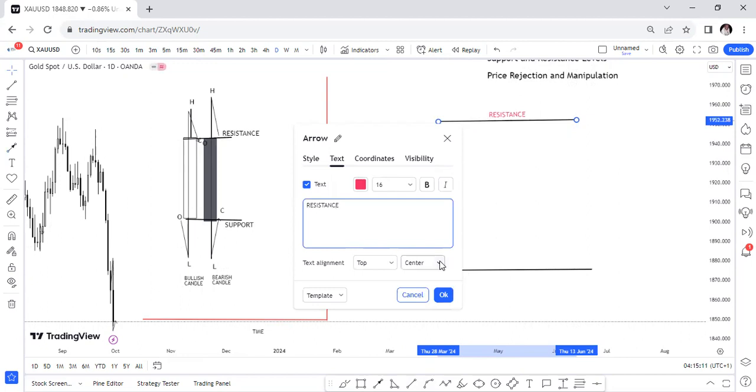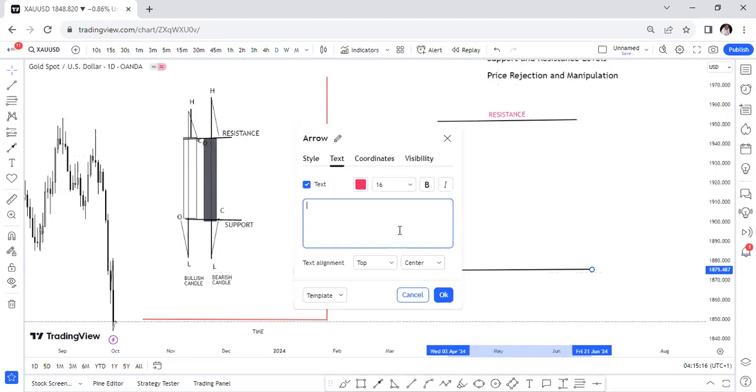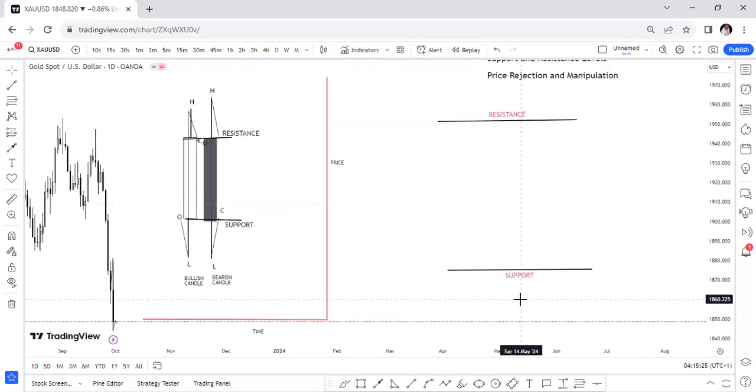If this is resistance, then this is the support.